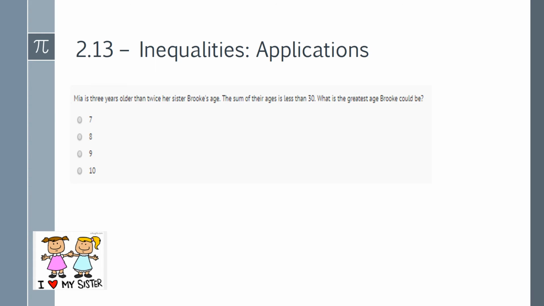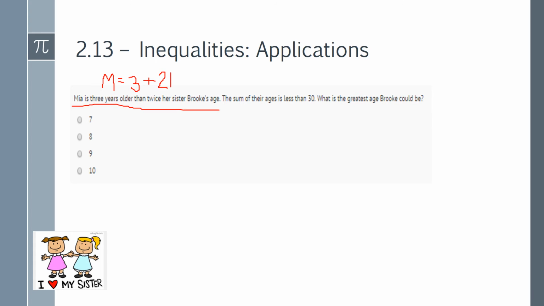Okay, Mia is 3 years older than, again, I see an "is" without a greater than or less than following it. So that means this first sentence is just an equation. Mia is 3 years older than, that gives me addition, twice her sister Brooke's age.